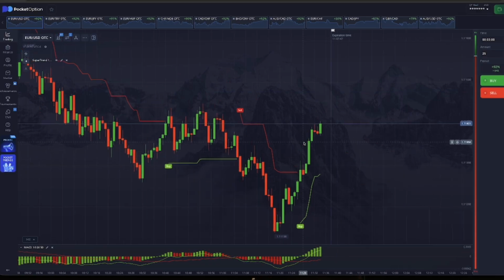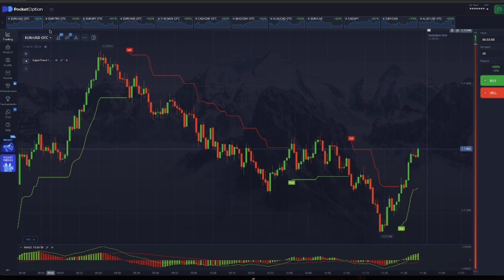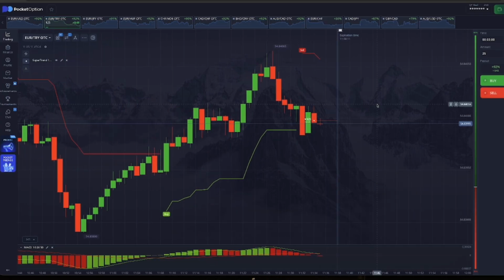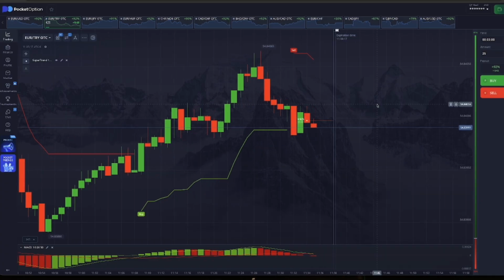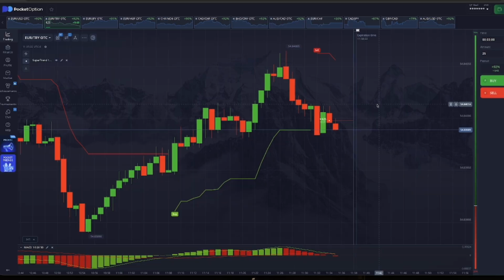So let's find a good signal for us. We just need to wait for the indicator to send us a signal to buy or sell, and we are going to trade. Of course, this strategy is not 100% effective, but if you follow these signals, it's going to be so simple to make money.